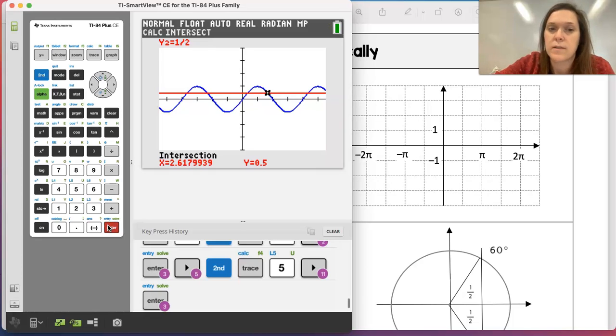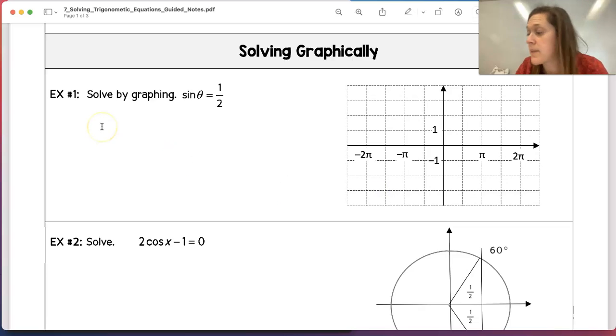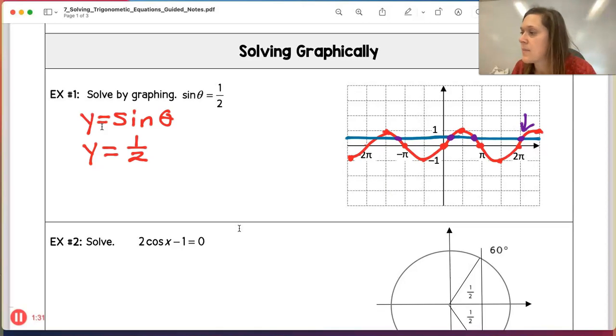So 2.6179999 some change, and 0.5235988. It so happens that your theta ends up being pi over 6, which is the 0.5235, and 5 pi over 6.